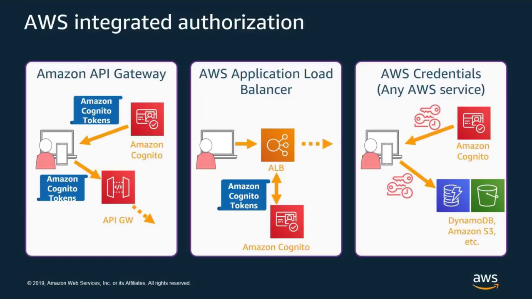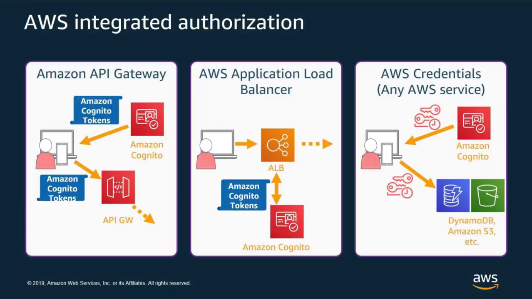But if you're building your APIs or your backend services with load balancers, or even putting an ALB in front of your entire application, you can just do checkbox type configurations within ALB, pointed at your user pool, and then any user coming into that application will be challenged as necessary to authenticate with Cognito. Cognito returns that standard set of Cognito tokens back to the ALB, back to the application, and then you can continue on.